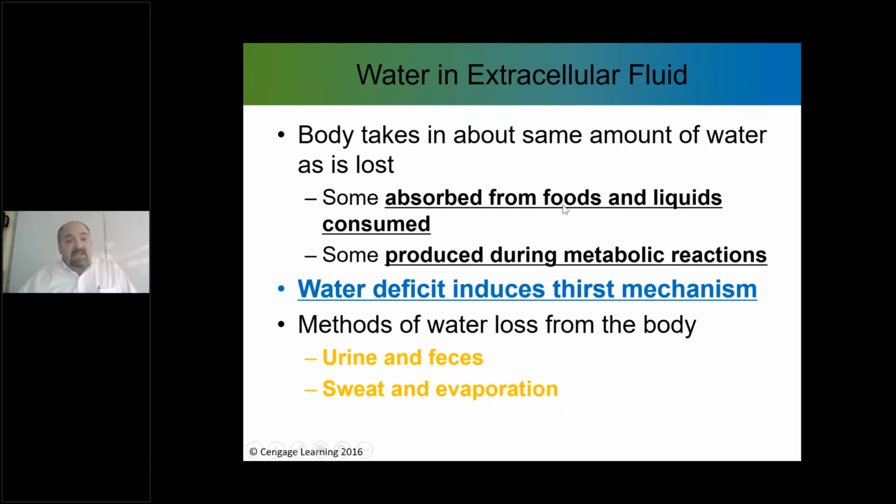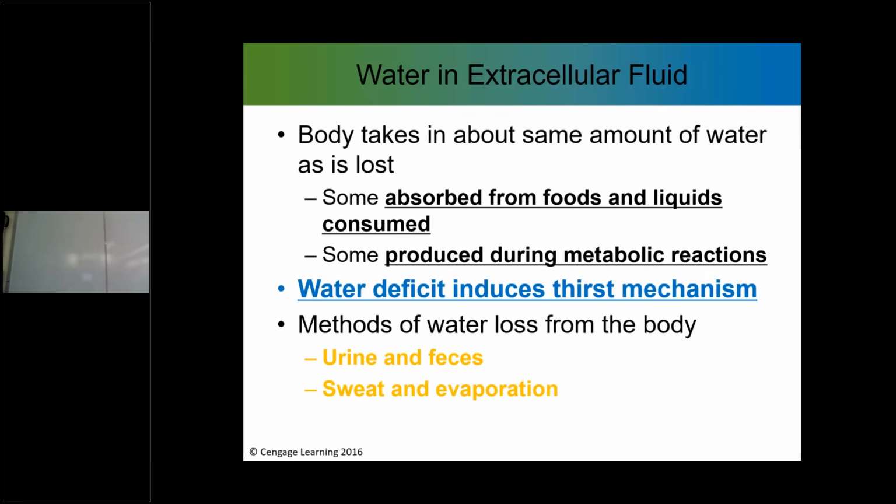You'll see here that water is absorbed from foods and liquids consumed. And look at this here where it says produced during metabolic reactions. So with these different reactions that take place within the body, water can be a product. You can end up with water as something that is produced as a result of this reaction. And so this is common.